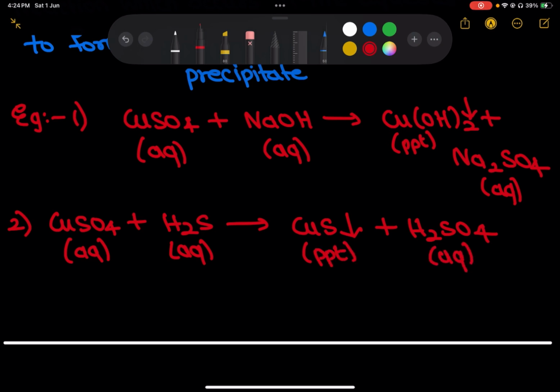So copper sulfate reacts with hydrogen sulfide to give copper sulfide and sulfuric acid.